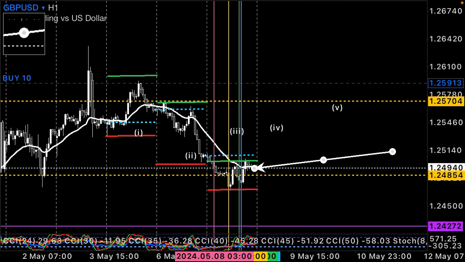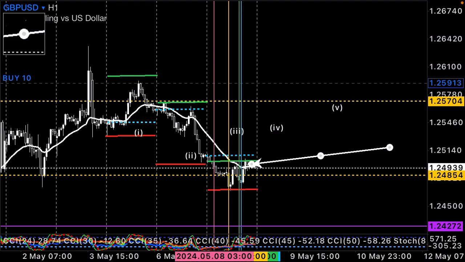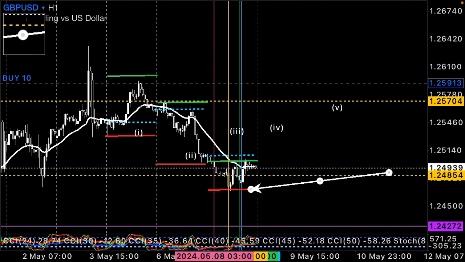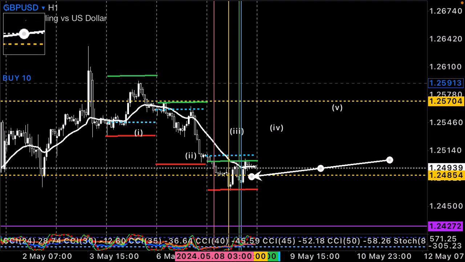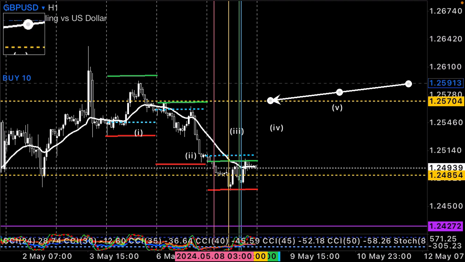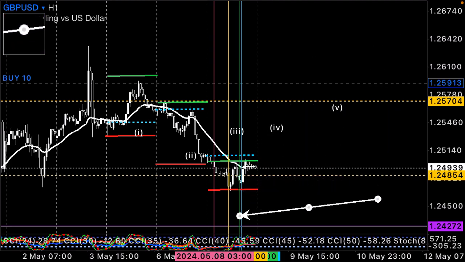And when the big banker has waited long enough for a whole bunch of people to put their trades on, there's a whole bunch of stop losses down here.